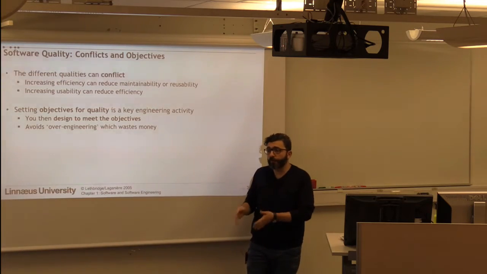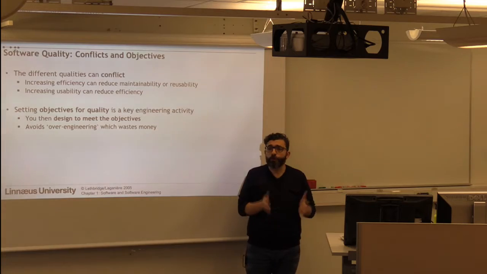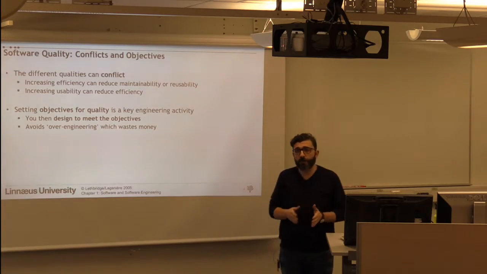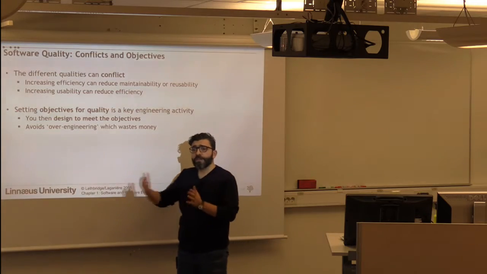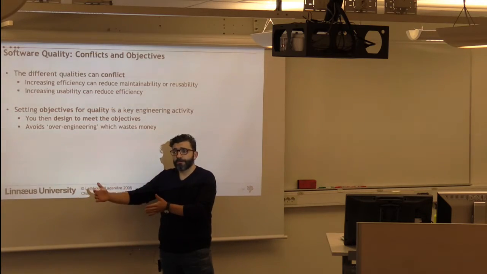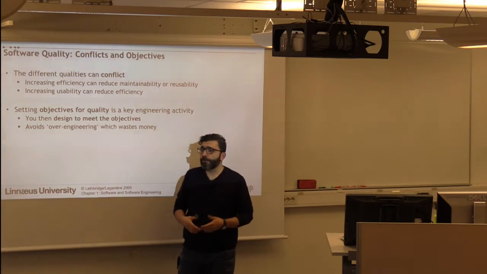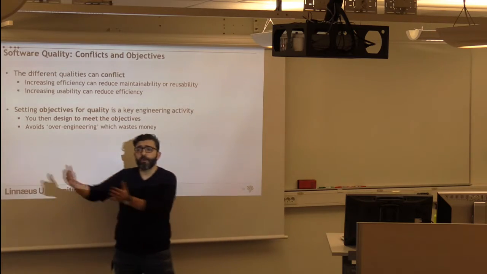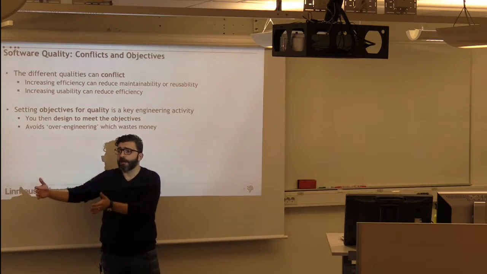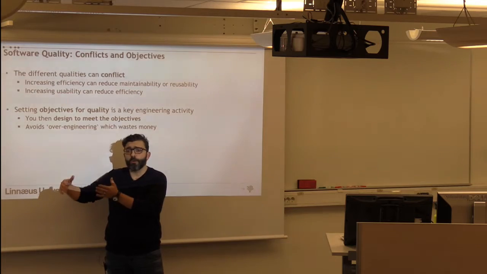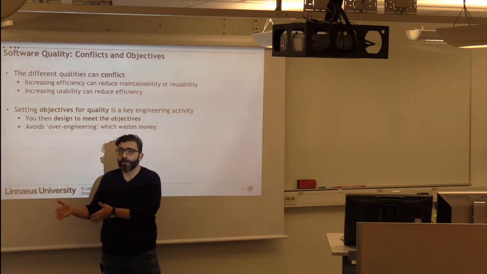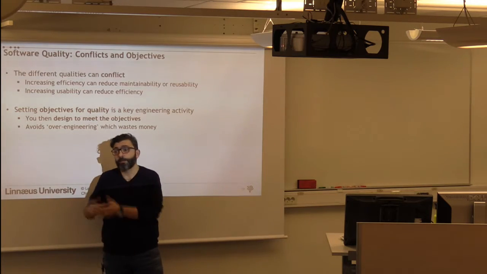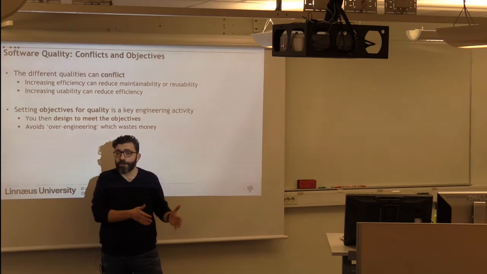Quality, such as performance, should be one of the first objectives, because it will affect all the design and the code. Otherwise, if you start coding and then you want to add performance at the end, in most cases you have to re-engineer the whole application, because design has an impact on performance, and performance has an impact on the design.